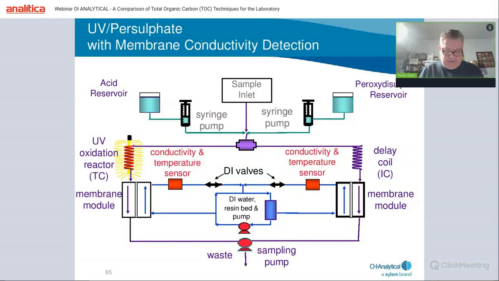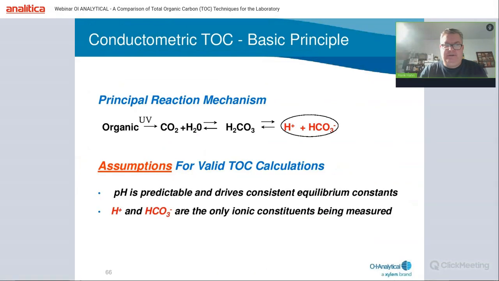The relationship between conductivity measurement and carbon concentration is described by a set of chemometric equations for the chemical equilibrium of carbon dioxide, bicarbonate ion, and hydrogen ion, and the relationship between the ionic concentrations and conductivity. So again, a lot going on in this chamber.